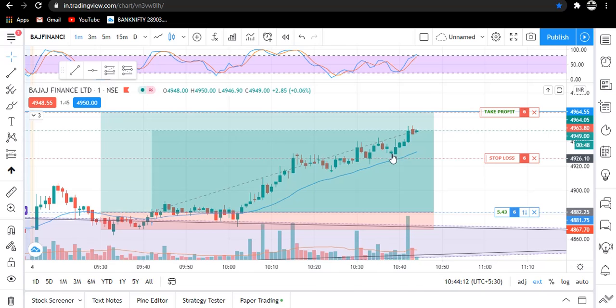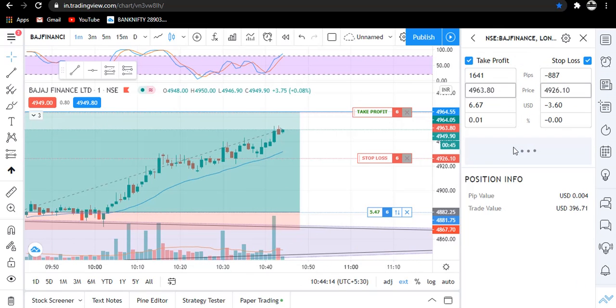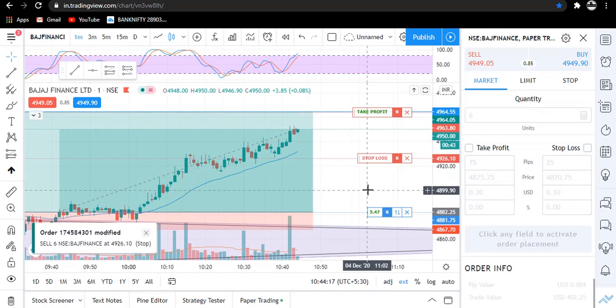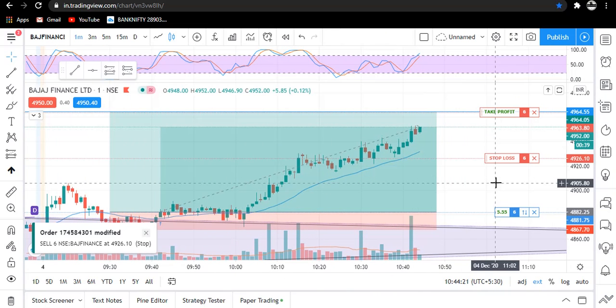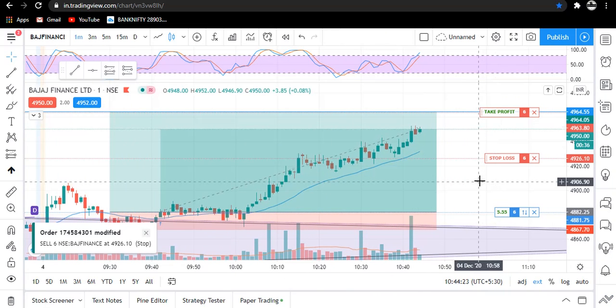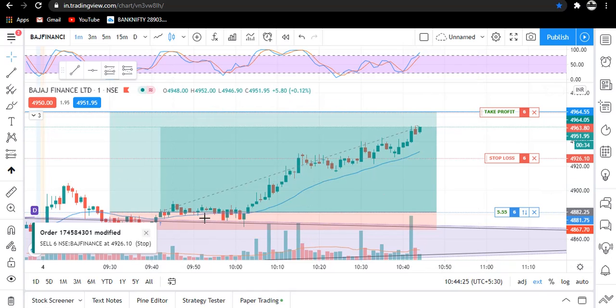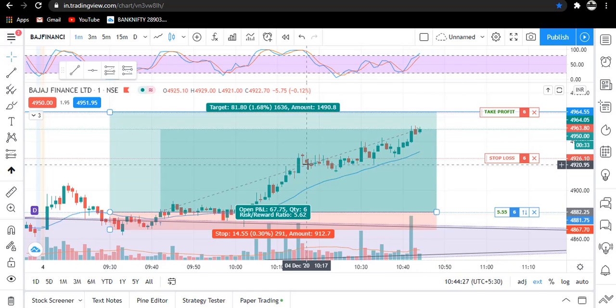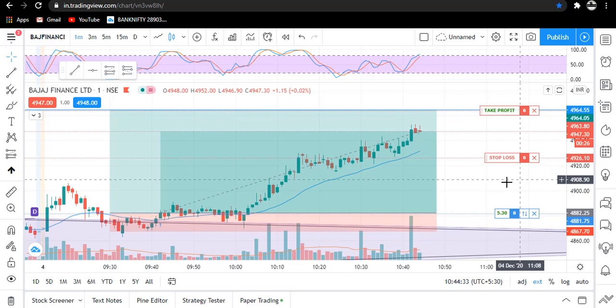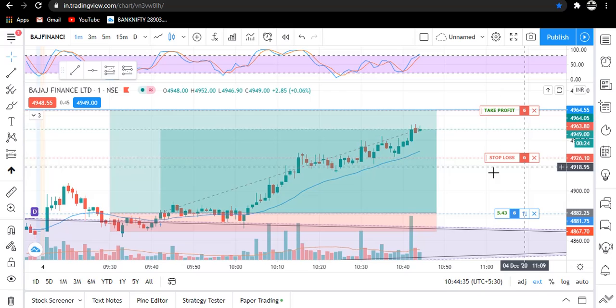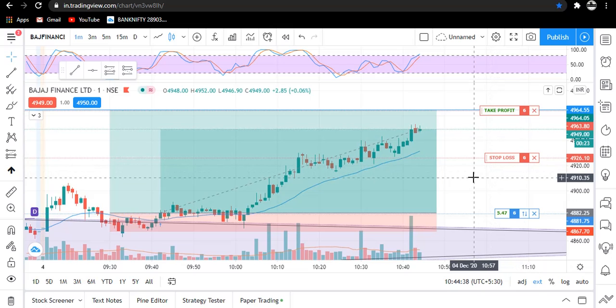This is a swing low, so modifying it, and then we are very near to our target and just about to hit. Today we are getting 5.62 reward with a risk of 1. Okay traders, I will update you when it hits our target.